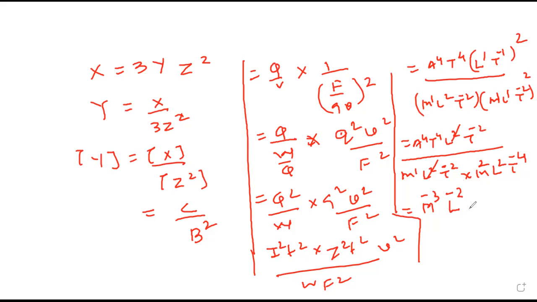The T2, T minus 2 also we can cancel. 1 T minus 2 will also get cancelled. So we get T raised to 8, A raised to 4. Now I think this option is there anywhere: M minus 3 L minus 2 T8 A4. Is it there? Yes, sir. Correct? Option D.